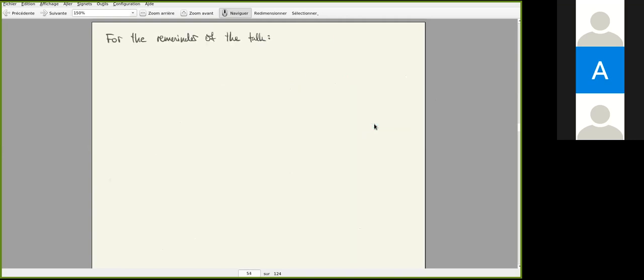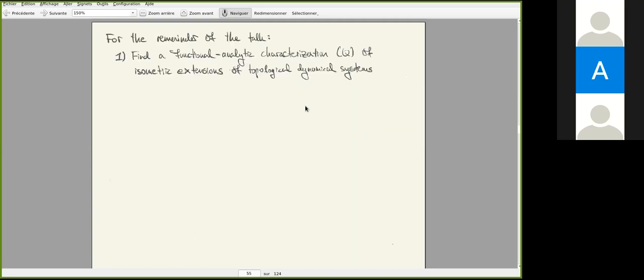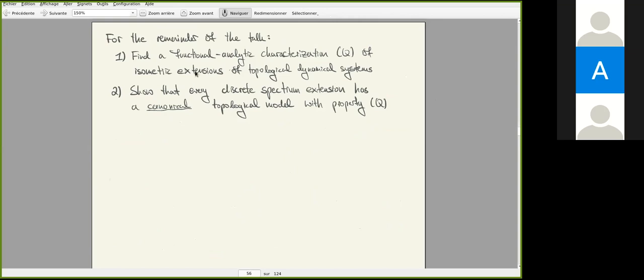So let's try to do this. For the remainder of the talk, we will try to find a functional analytic characterization of isometric extensions. Then we will show that every discrete spectrum extension has a canonical topological model with this property.